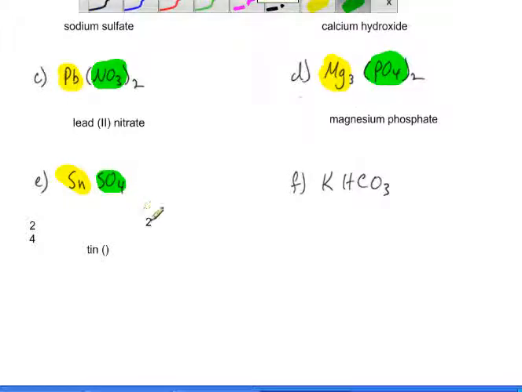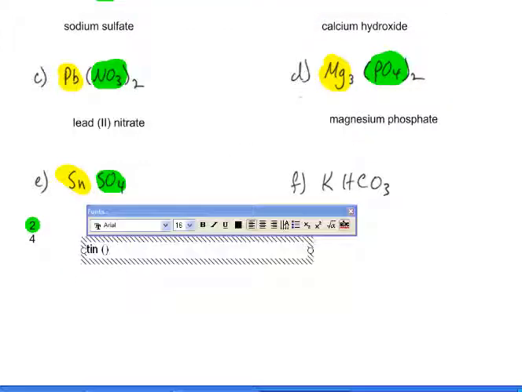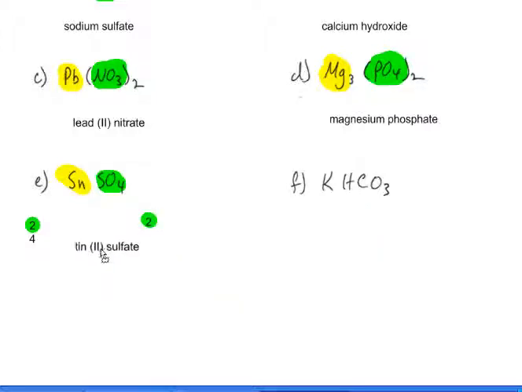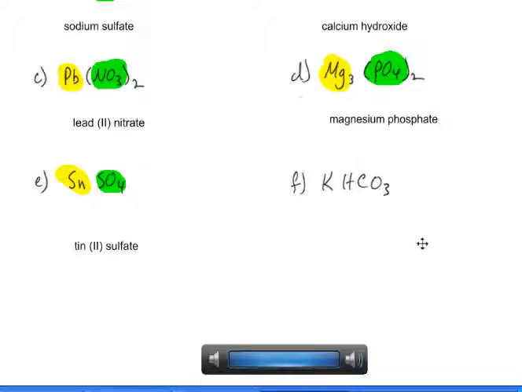So if my sulfate is 2 negative, my tin has to be 2 positive. So it's tin, Roman numeral 2, sulfate. It's got to be that version. Okay? So once again, with transition metals, there's just a little bit more work. You have to figure out which version you're using before you figure out the name.